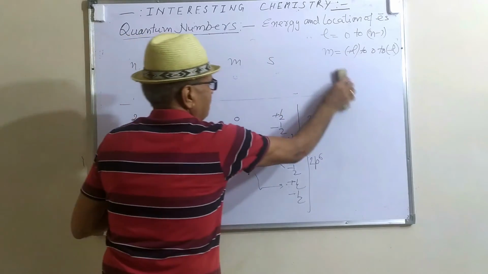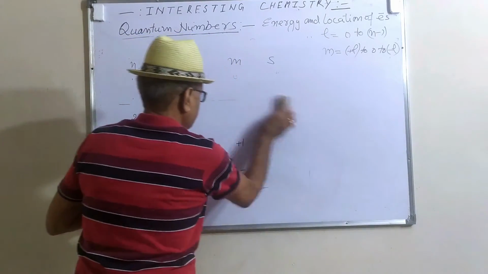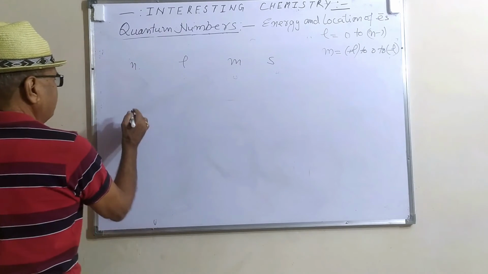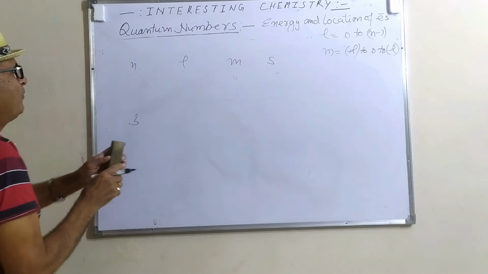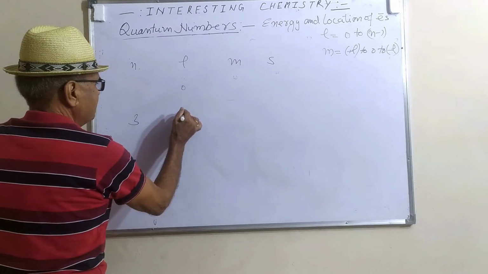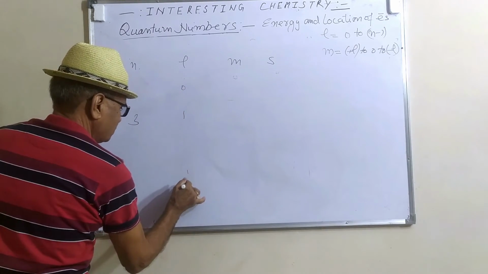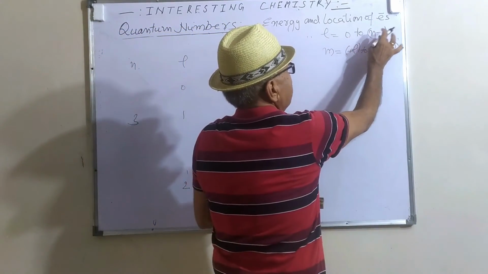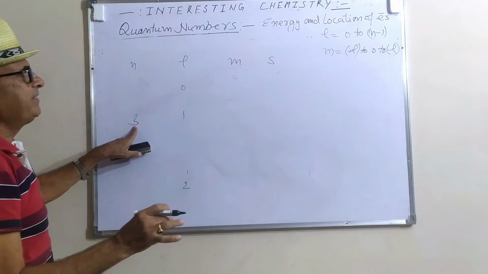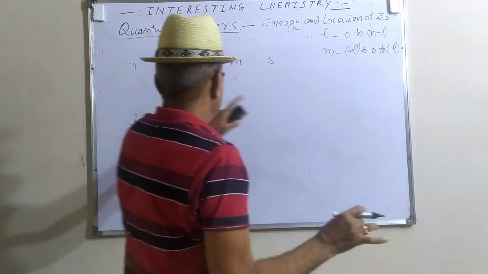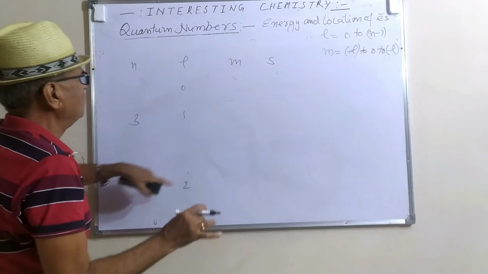So here you will write 3. When n is equal to 3, find the value of L. We will find the values 0, 1 and 2, that is 0 to 3 minus 1, which means 0 to 2: 0, 1 and 2.